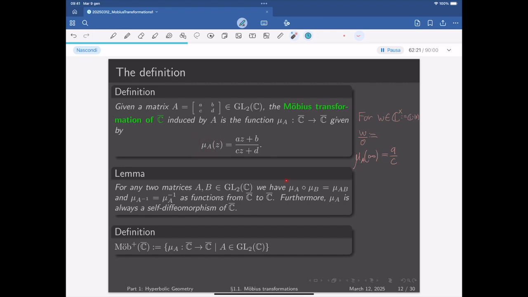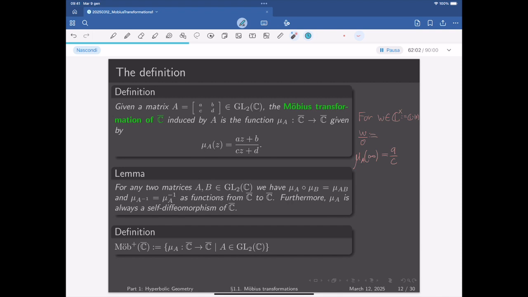Okay, an easy check is that taking mu of a matrix is a morphism of semigroups. In other words, mu of a product is precisely their composition.